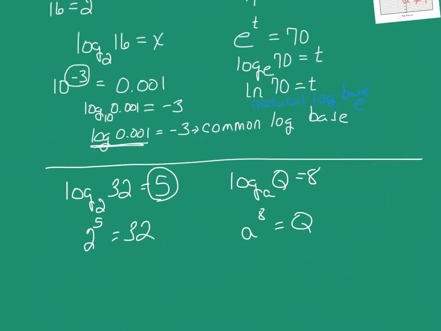Just one more, just so you see plenty of practice. x equals log base t of m. I can rewrite that as t to the x equals m. So it's very easy to convert between a logarithmic equation and an exponential one, or vice versa.